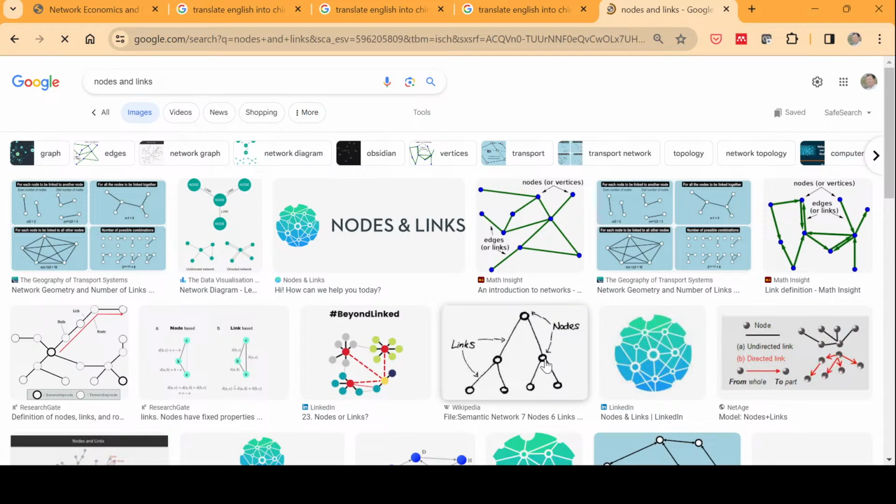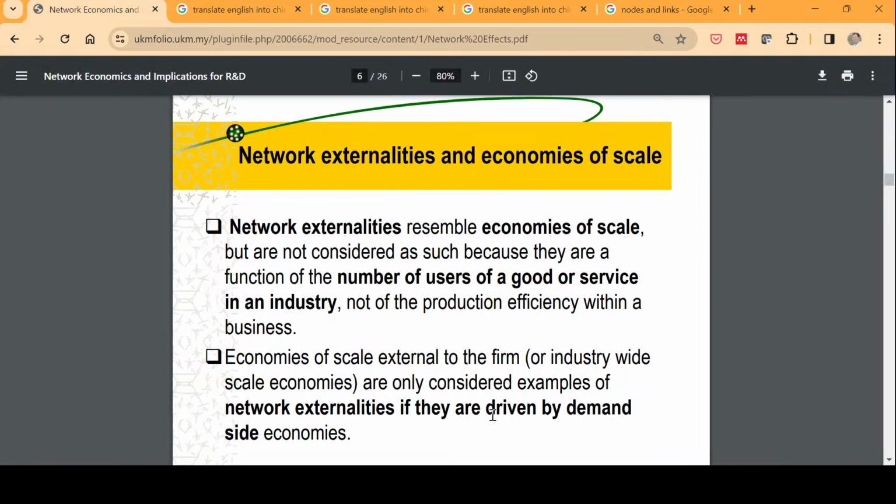So economies of scale external to the firm, or industry-wide scale economies, are only considered an example of network externality if they are driven by the demand side of the economy. Otherwise, if they are not driven by the demand side, the economies of scale cannot be considered a network externality. So now, network effects.